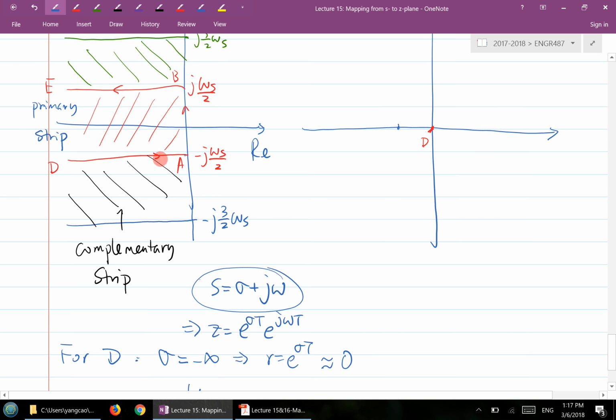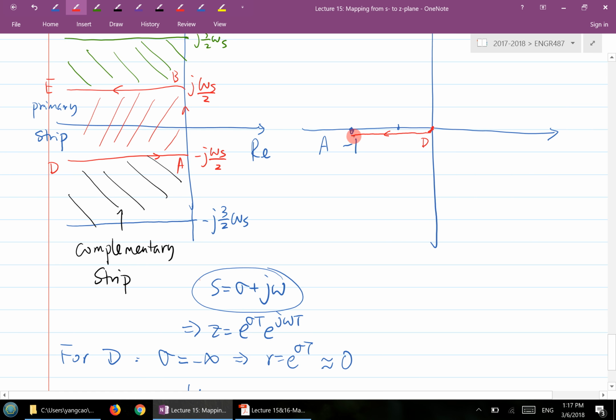If I draw it, the A location here will be mapped to where now? If this is negative 1 here, then A will be right here, right? So I can expand this a little bit here. Basically, as it's moving from D to A over here, you are moving from here to here.